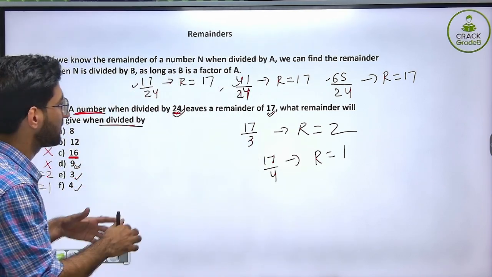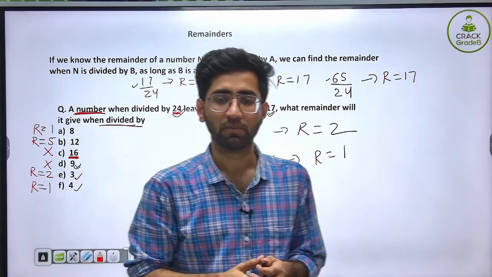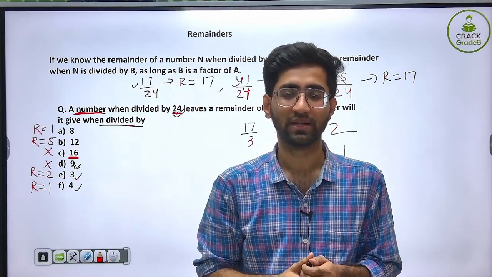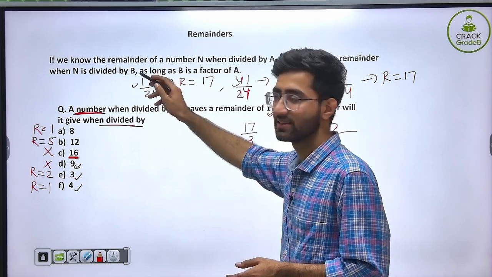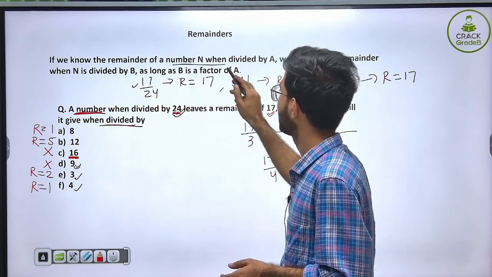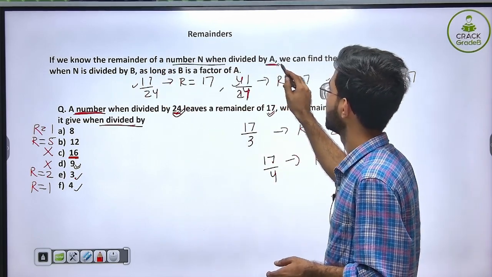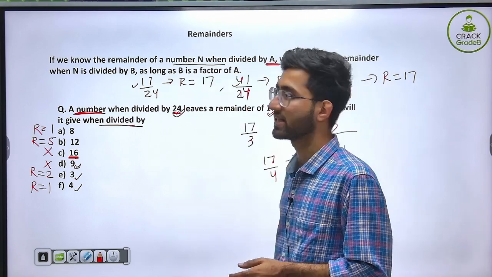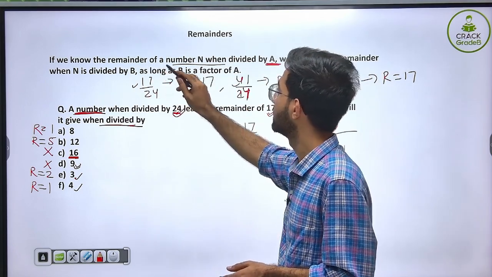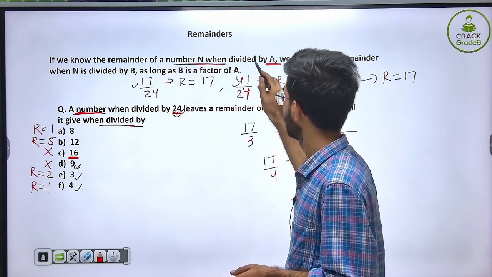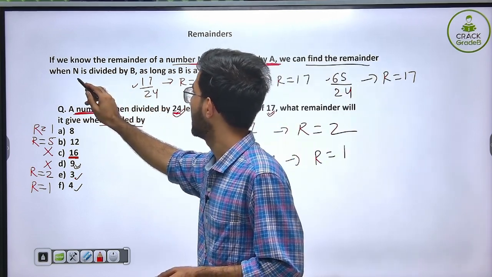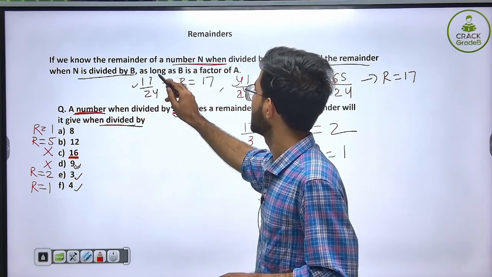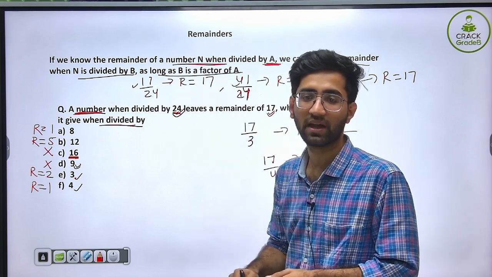So I will summarize what we have learned for now. Let us read the line carefully. If we know the remainder of a number n when divided by a, we can find the remainder when n is divided by b, as long as b is a factor of a.